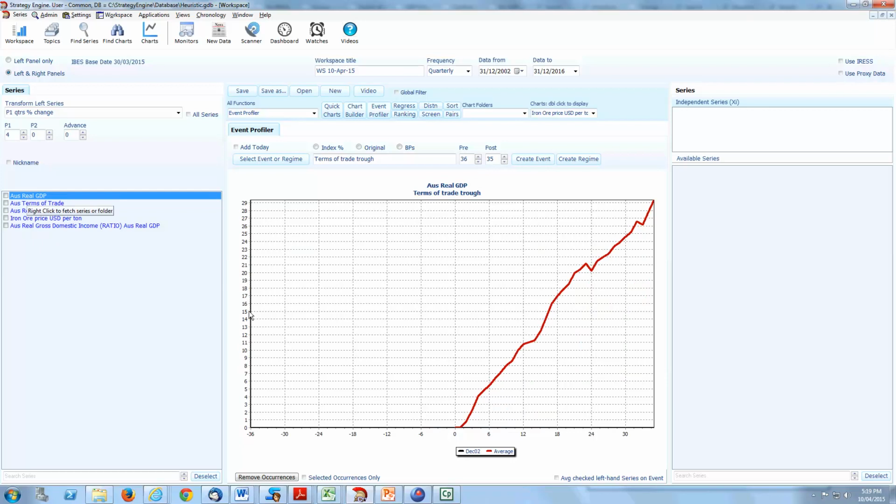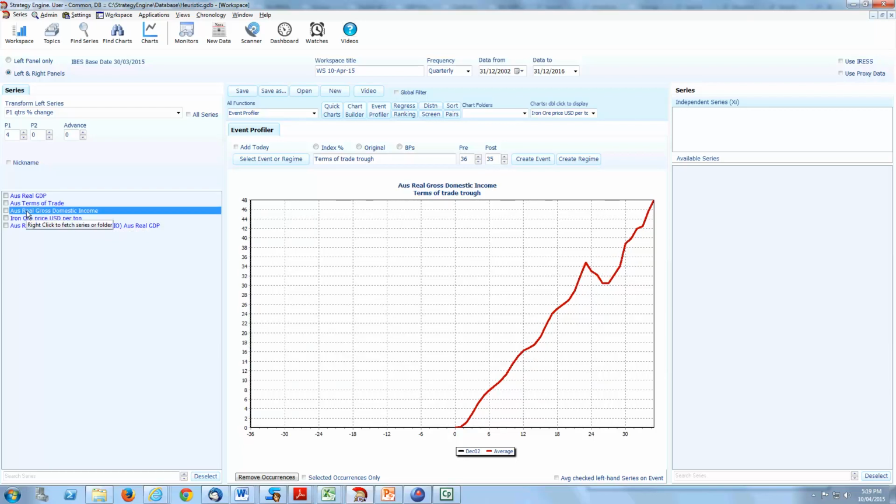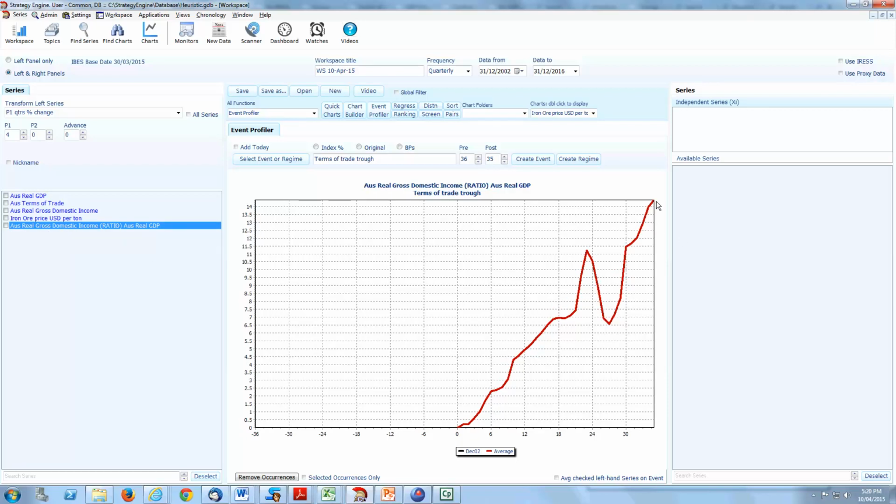Real GDP, we can see here, from the end of 2002 grew by about 29%, and real gross domestic income grew by about 48%. As a ratio, GDI relative to GDP grew by about 15%. So one could estimate that the terms of trade added on average over that 36-month period, or 9 years, about 15%. Let's call it around 1.5 to maybe 1.75% per annum added to growth.